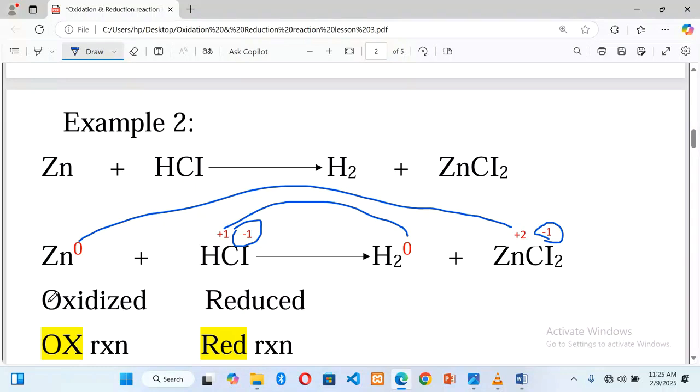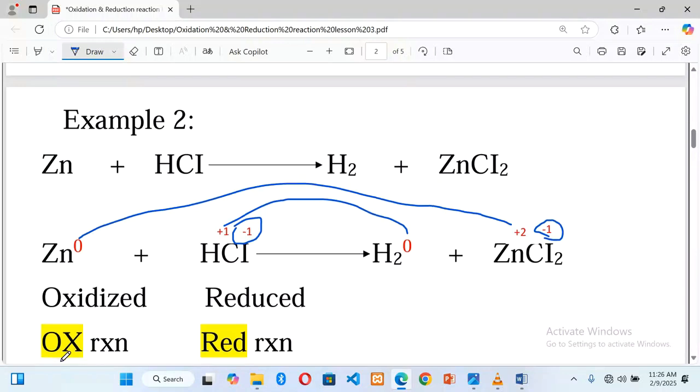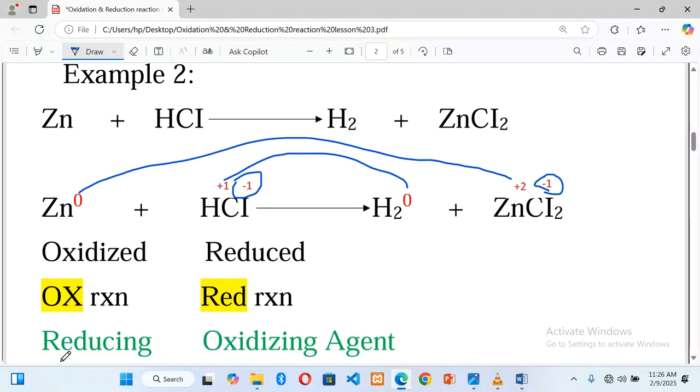So we say that is reduction reaction, and this is oxidation reaction. And we say the one which is oxidized is called a reducing agent because it is the electron donor. It is the one which has donated, the one which has caused the other to be reduced. So zinc is a reducing agent, while the hydrogen in the hydrochloric acid is an oxidizing agent.